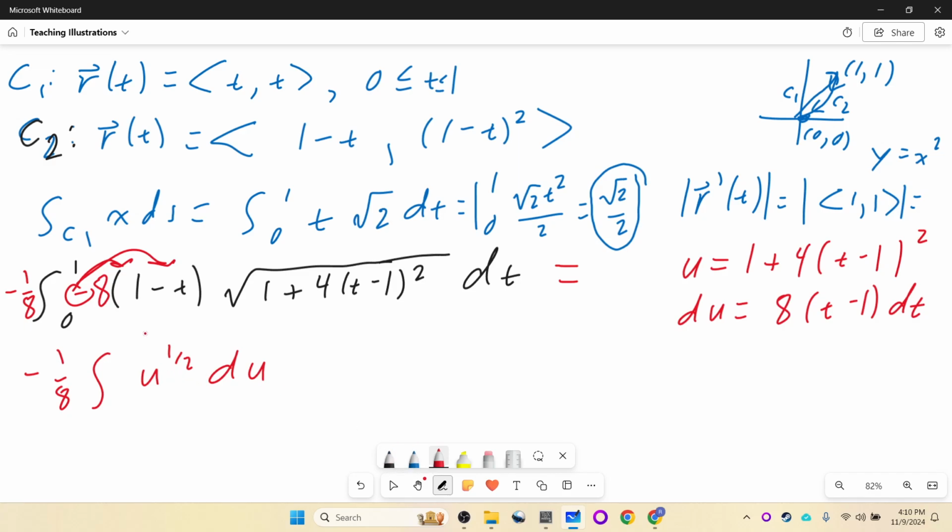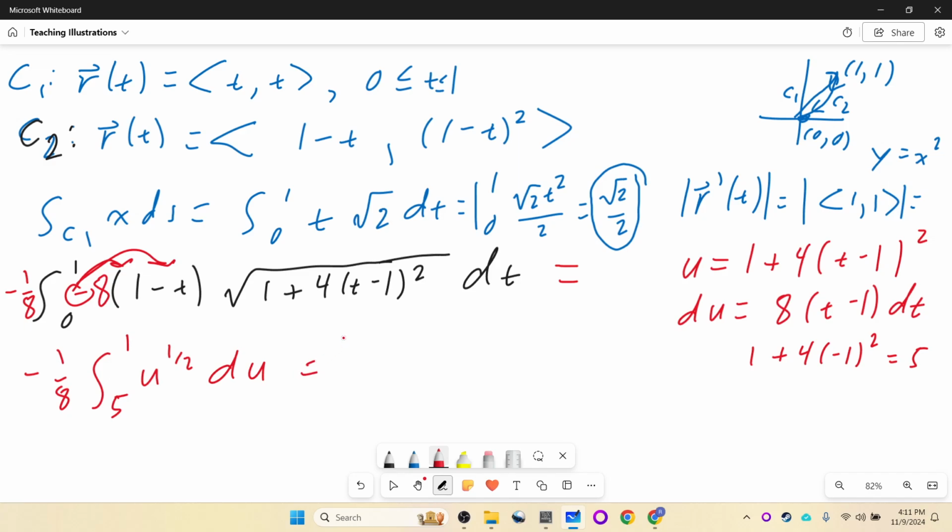Now, what are the limits on u? Well, if t were 0, then u would be 1 plus 4 times negative 1 squared, which is 5. And if t were 1, then u would be 1.